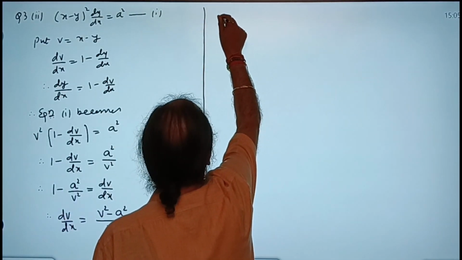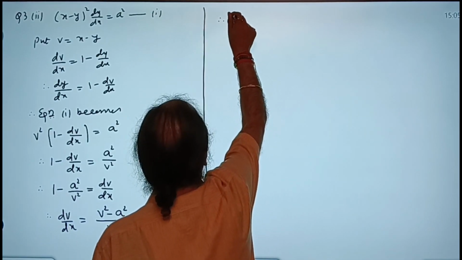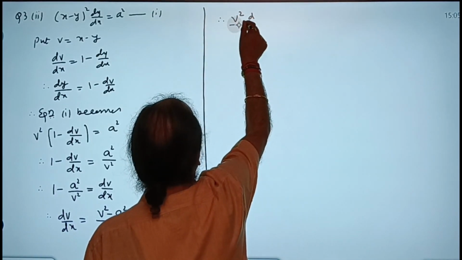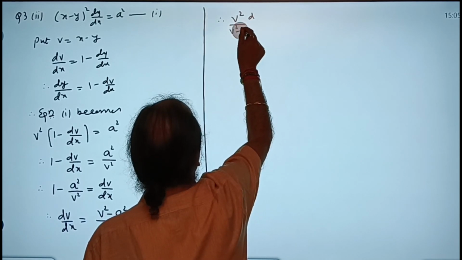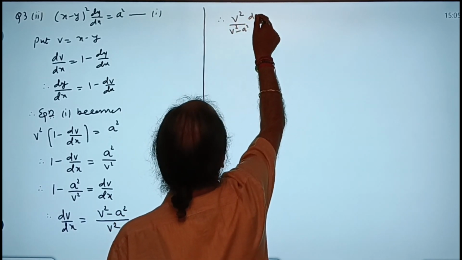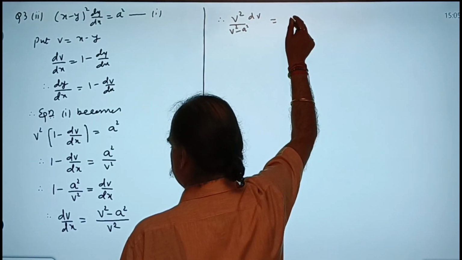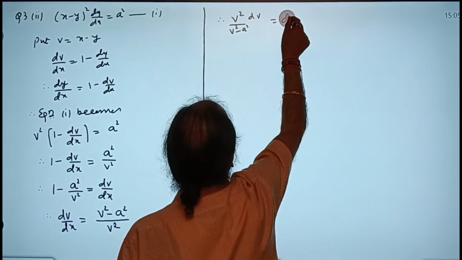Therefore, v square upon v square minus a square dv is equal to dx.